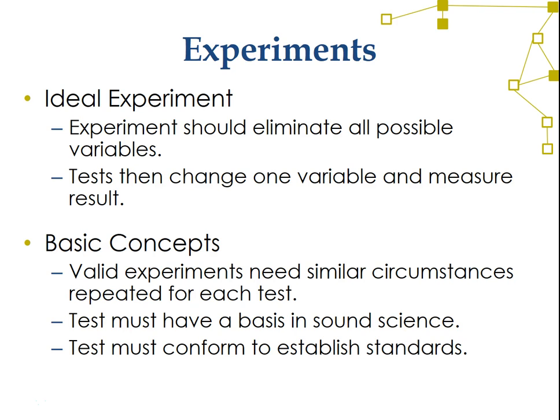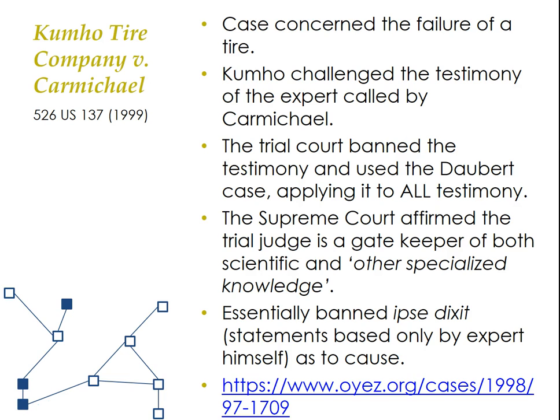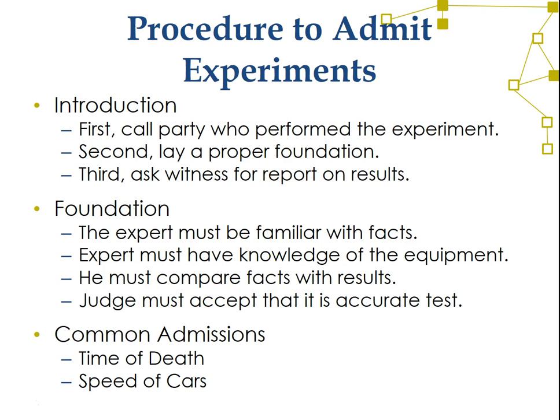So the FRE and some states sometimes, though, do not distinguish between experiments and other types of evidence. And when that happens, the normal rules of relevance are used to judge admissibility. But there are some experiments that can be used. And here's the case of Kumho Tire Company versus Carmichael. And I'll let you kind of read through that one.